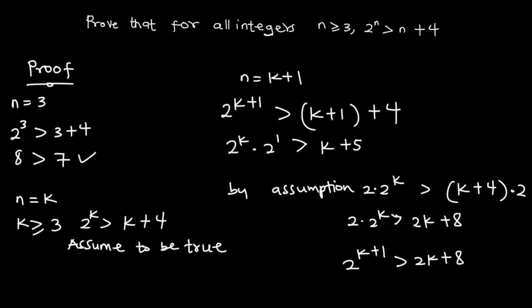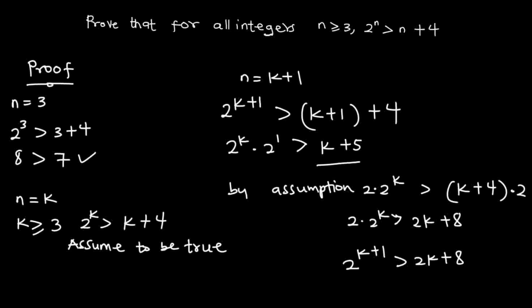So from the assumption, we've shown that 2 to the power k plus 1 is greater than 2k plus 8. Let's use this to prove that the statement is true for k plus 1 also, comparing 2k plus 8 to k plus 5 here.